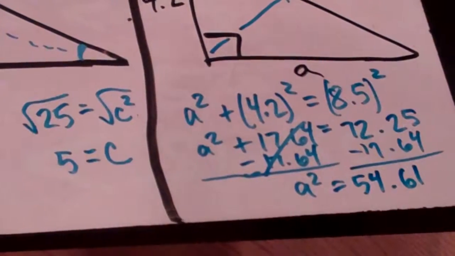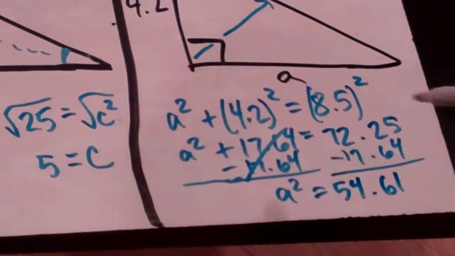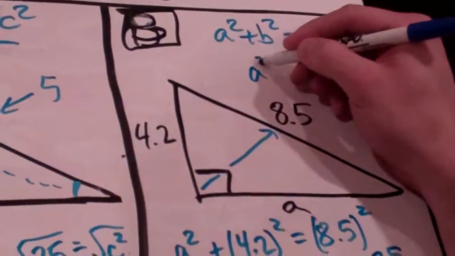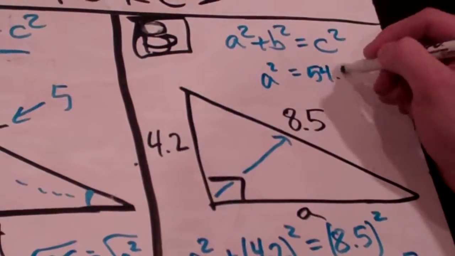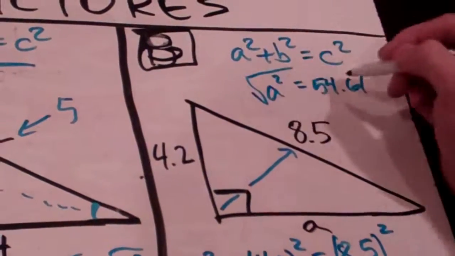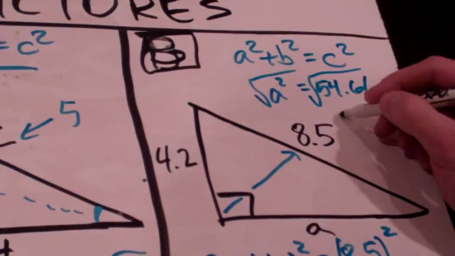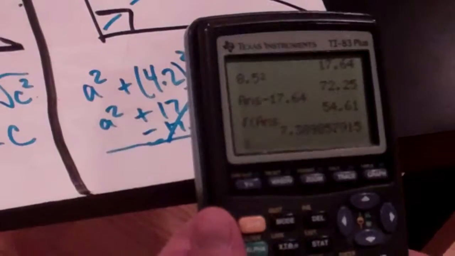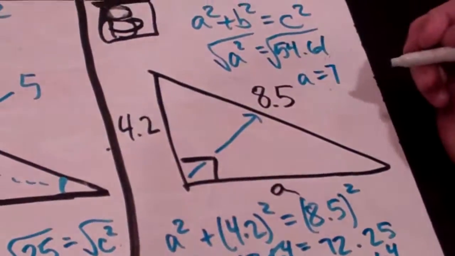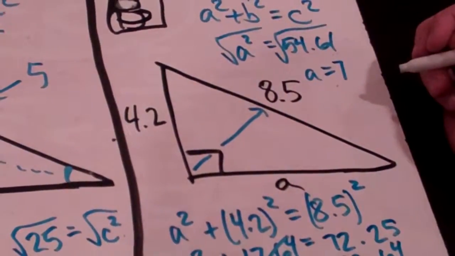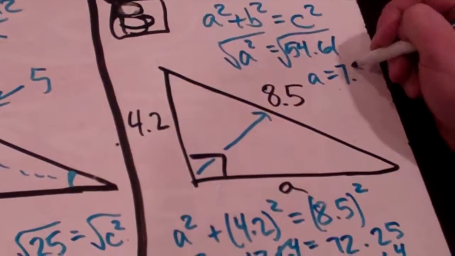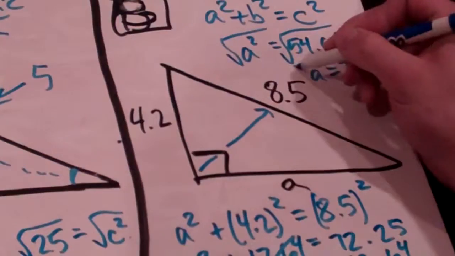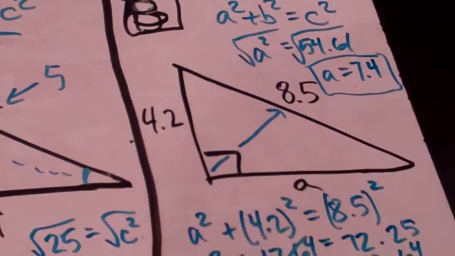That's what A squared is. We got to finish off our solution by taking the square root. So I take the square root of both sides. I got A is equal to 7.389857915. We're going to round that to the tenths place. 7.4. So my side A is 7.4.